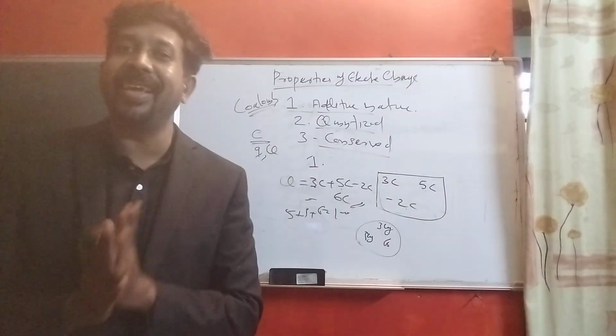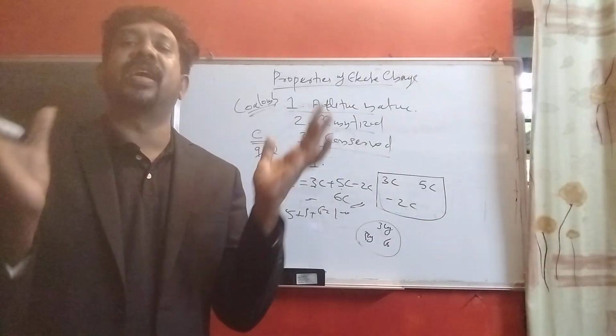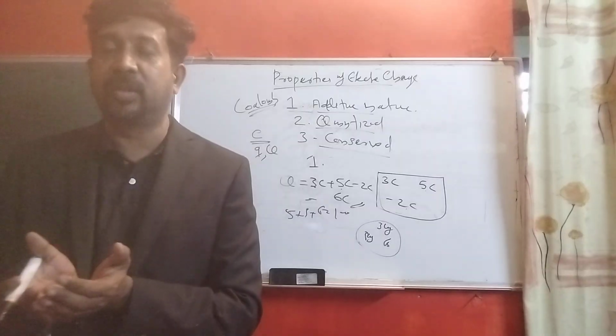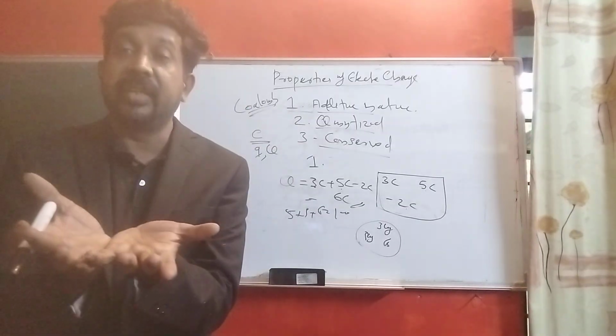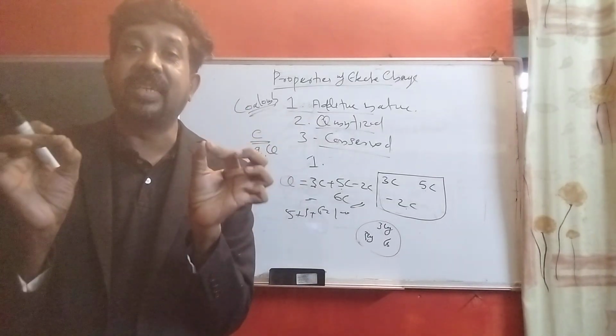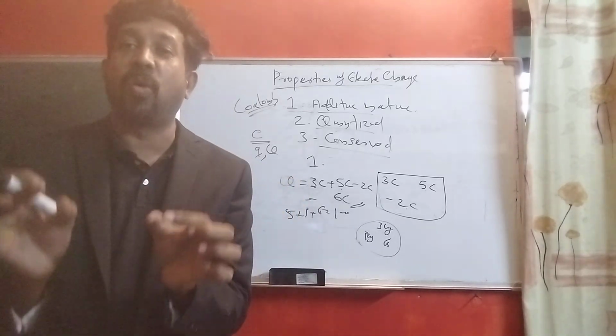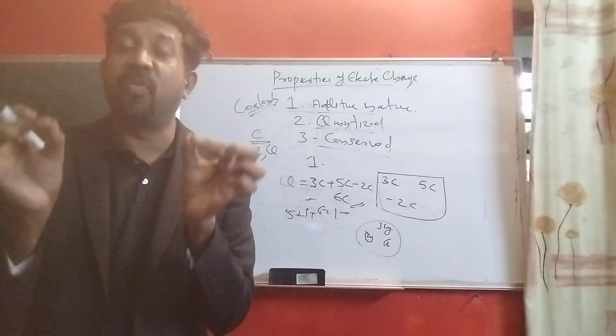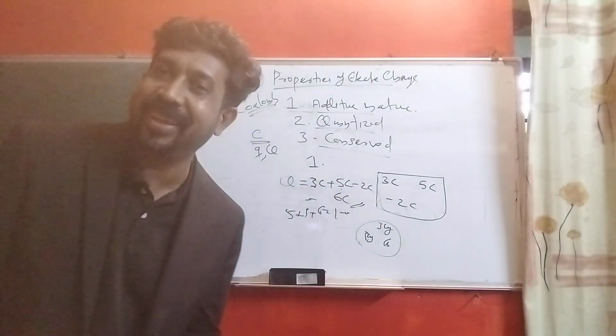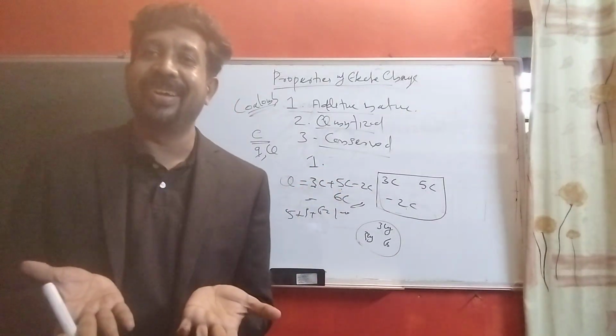That is the first property. Clear? Suppose a body consists of a large number of charges, then the total charge inside the body is the algebraic sum of the individual charges inside the body.